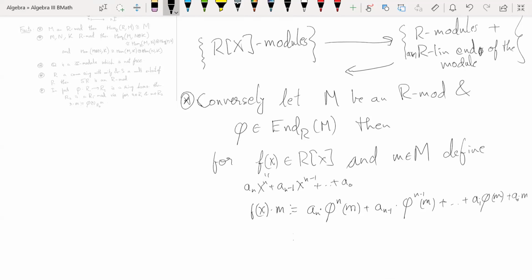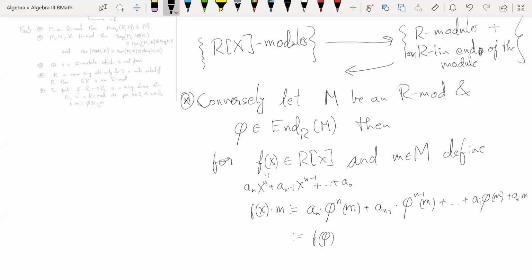In short, f is a polynomial, so f(phi) makes sense. Endomorphisms form a ring, so you can compose, you can take two elements, multiply them and add them and so on. So this makes sense. In fact, it's an R-algebra, so there is a map from R to End_R(M). So a_n goes to a_n times identity, and you think of it that way.